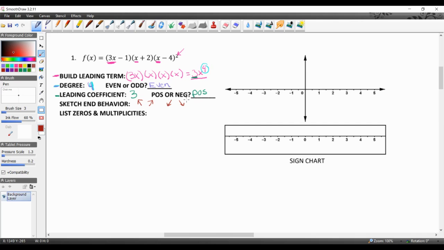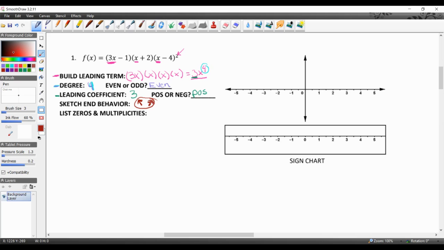Since this is positive, it's going to be this one. They're both going to be facing upward. I'm going to erase the other one here. And if you don't remember this information, it is in your notes earlier. Just go back a few pages and you should be able to find those notes on end behavior, the patterns.